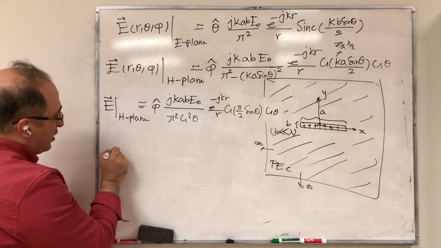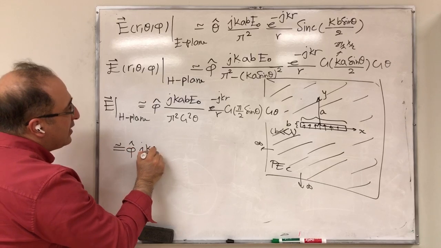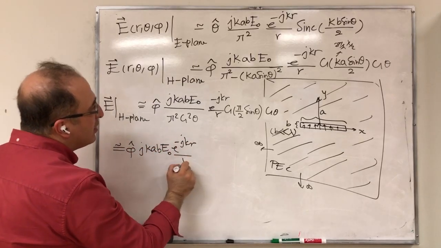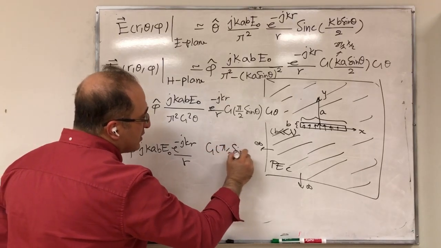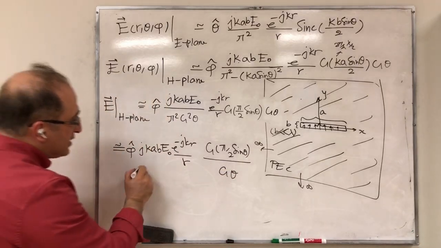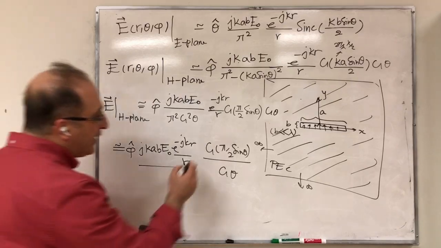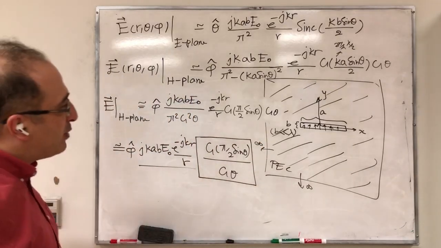And then you're going to have phi hat jk AB E naught e to the power of minus jkr over r, cos pi 2 sine theta divided by cos theta. So this is essentially a constant with no dependency on the angles, and this essentially governs your radiation pattern.